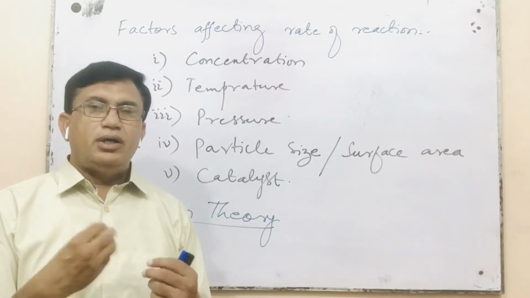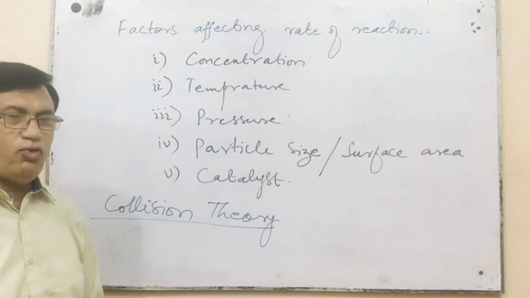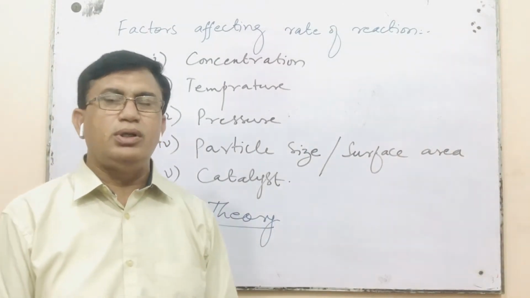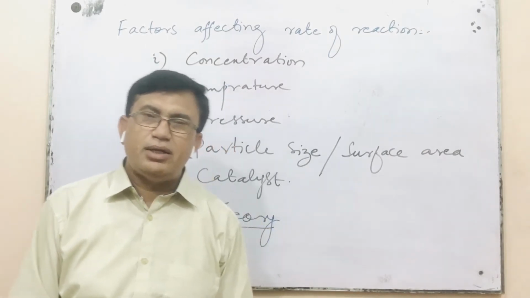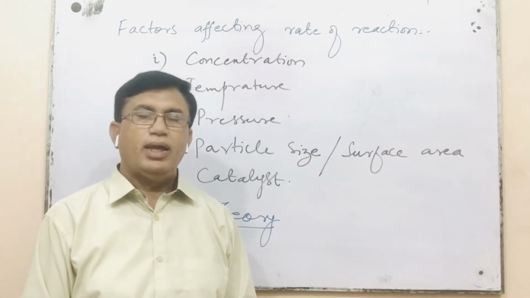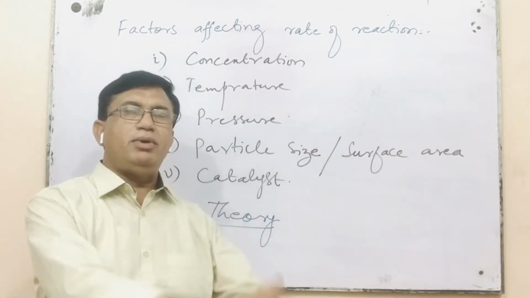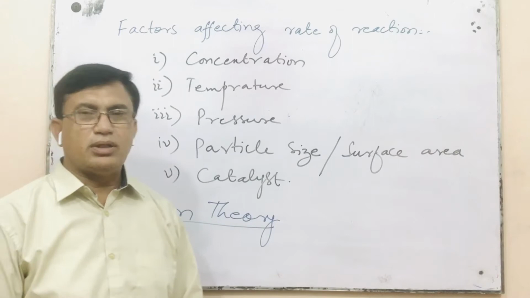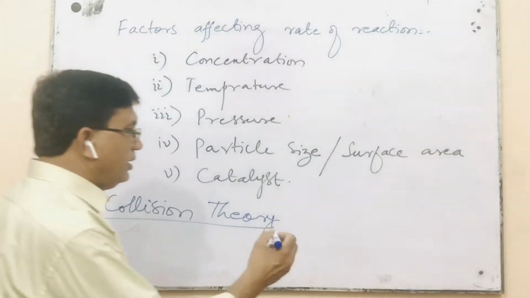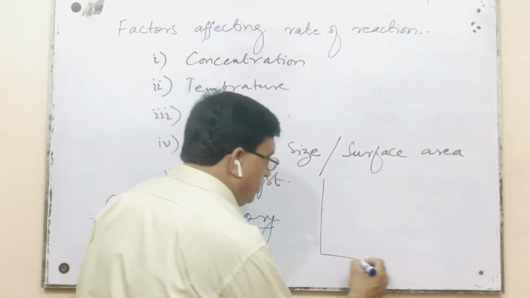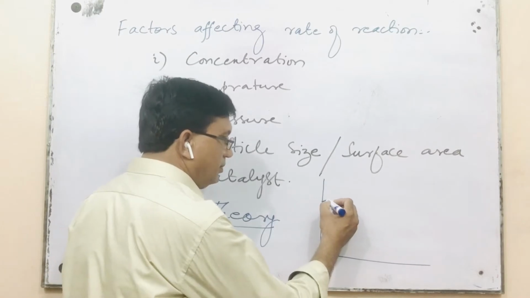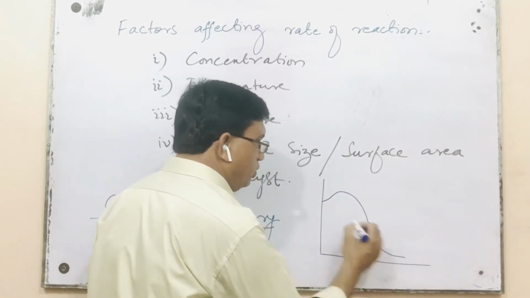If the energy produced as a result of collision is larger than the bond energy of the reactant molecule, this means that the energy of activation for this reaction is low, and the reactants can easily be converted into the products. That can be represented graphically. The energy of activation is low.